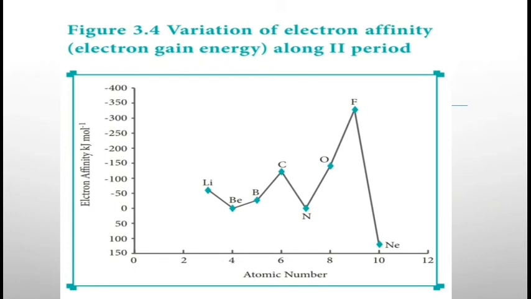You can see from lithium to beryllium the energy decreases, then beryllium to carbon it increases, again there is a sharp decrease, then it increases, goes to a maximum and then falls into a positive value. The zero mark is here. You can see beryllium and nitrogen possess almost zero electron affinity, though the atomic number of beryllium is greater than that of lithium, and nitrogen has a greater atomic number than carbon.